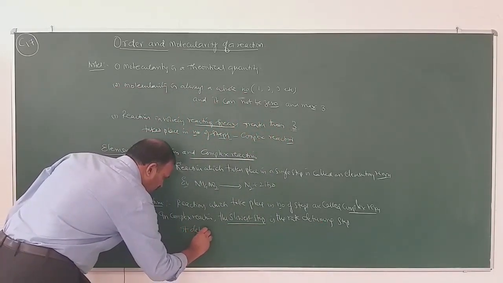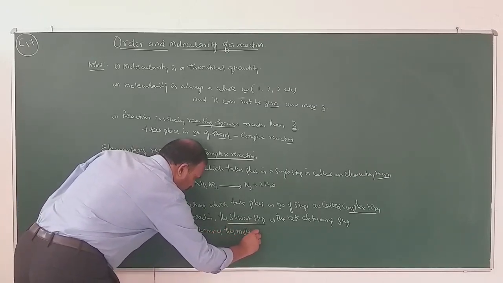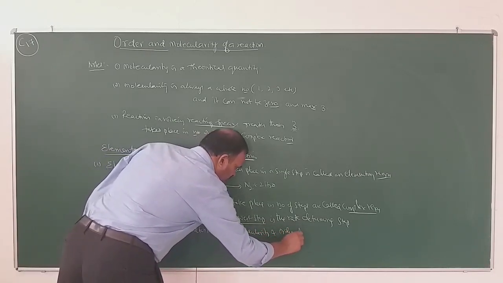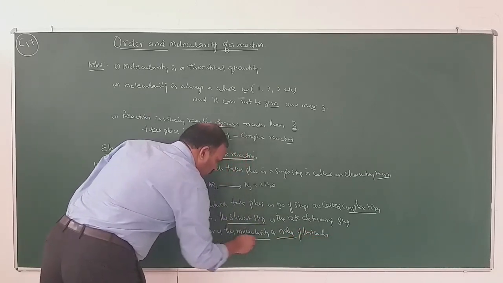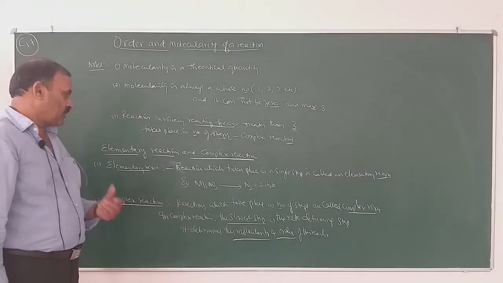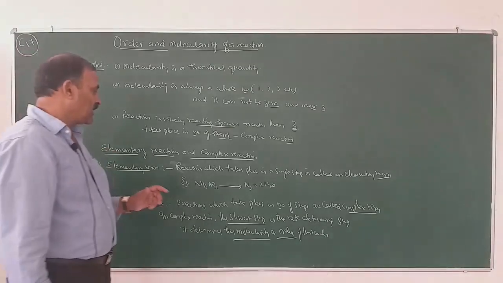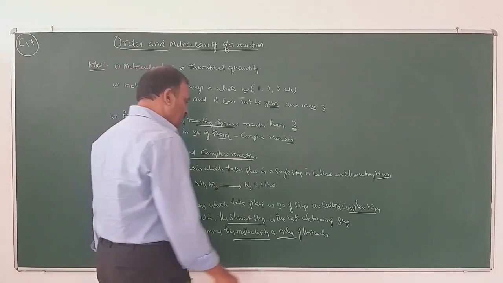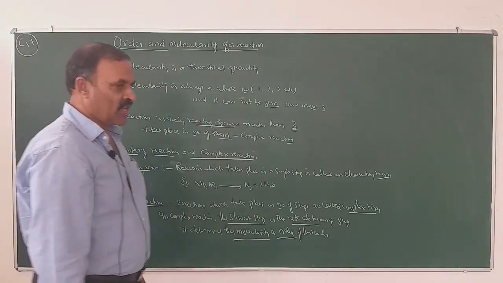It determines the molecularity and order of the reaction. So the slowest step determines the rate of reaction. It is called the rate determining step and determines the molecularity and order of reaction.